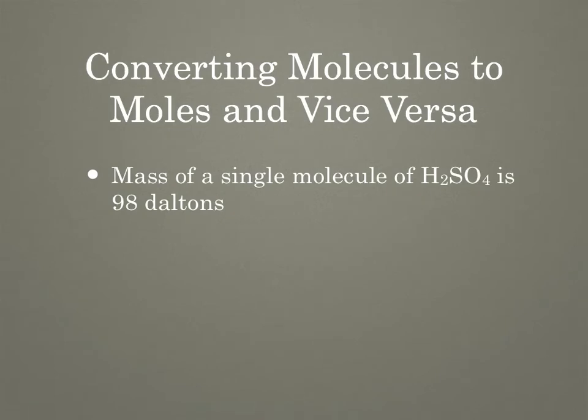So let's talk about converting, because that's kind of what we need to be able to do. We need to be able to convert things back and forth. So the mass of a single molecule of H2SO4 is 98 Daltons. Remember, Daltons and AMUs, same thing. This is the newer term. And remember, that would be from 2 times 1 plus 32 plus 4 times 16.